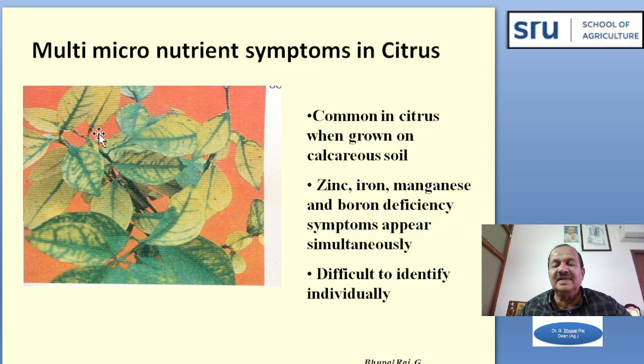It is common mainly in citrus crops grown in calcareous soils. When soil has more than 15% calcium carbonate, those are called calcareous soils. In calcareous soils, zinc, iron, manganese and boron deficiency symptoms appear simultaneously in citrus, so it is very difficult to identify individual deficiencies.